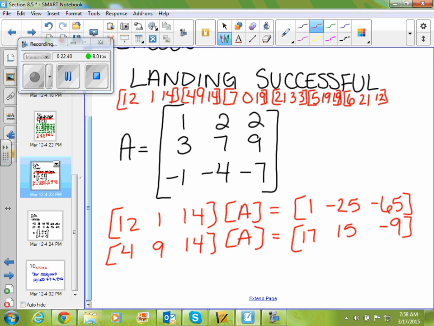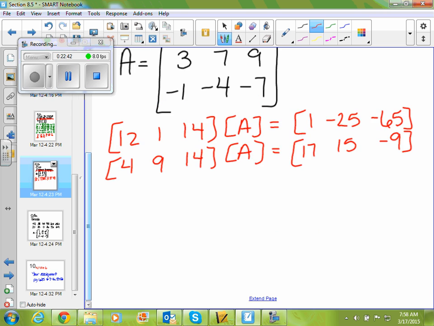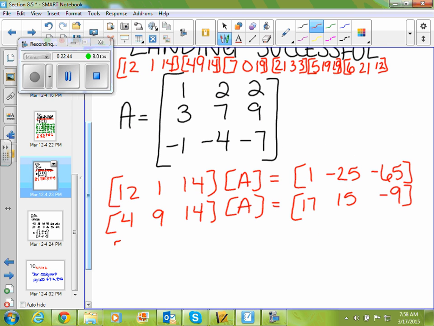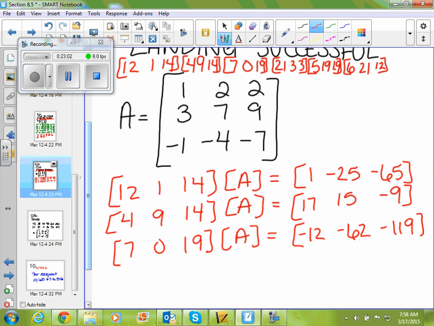If I take my third matrix, 7, 0, 19 times matrix A, I end up with -12, -62, -119.